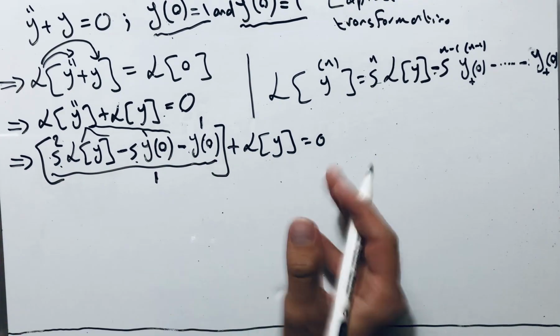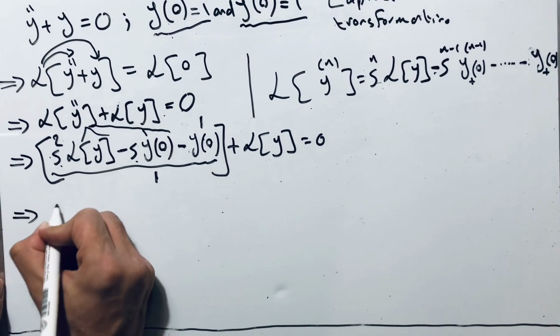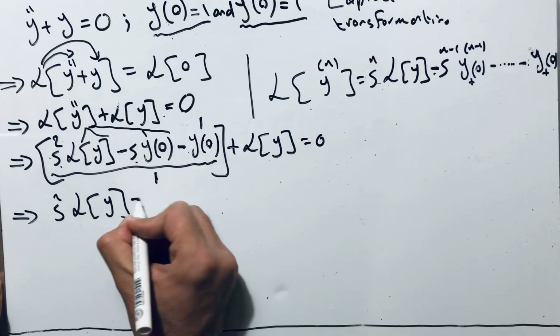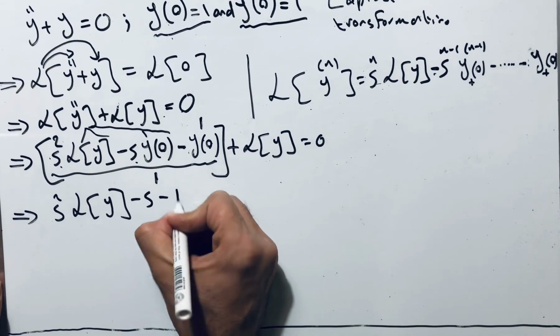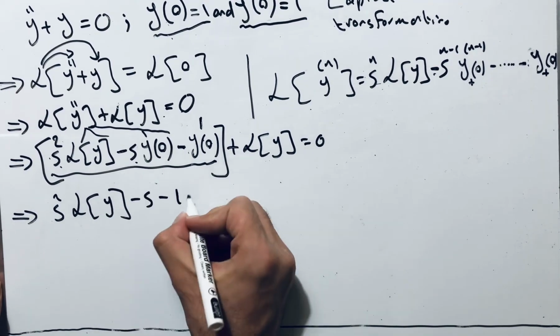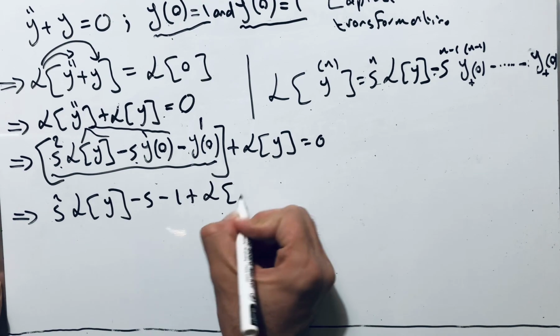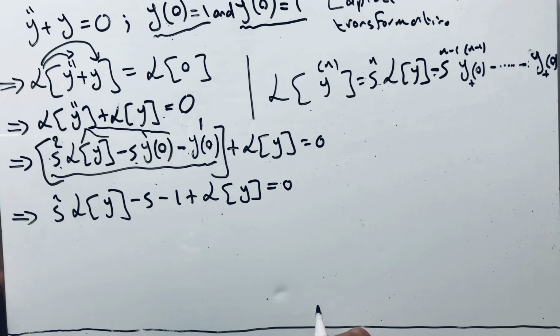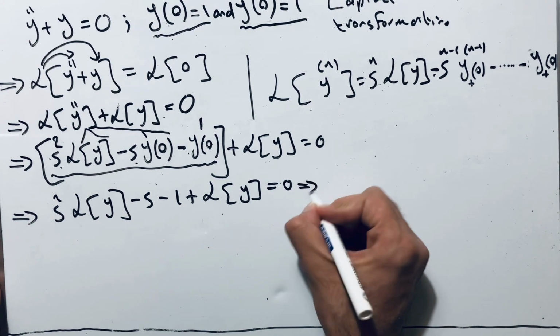So the whole thing becomes s to the power of 2 times the Laplace of y, minus s, and then minus 1, also plus the Laplace of y, equal to 0.